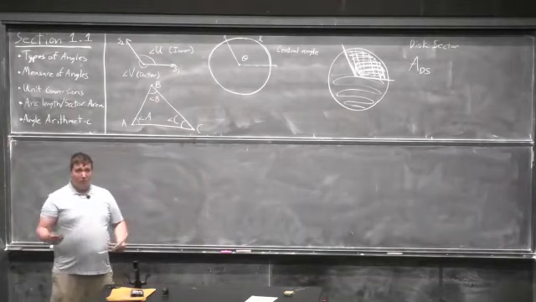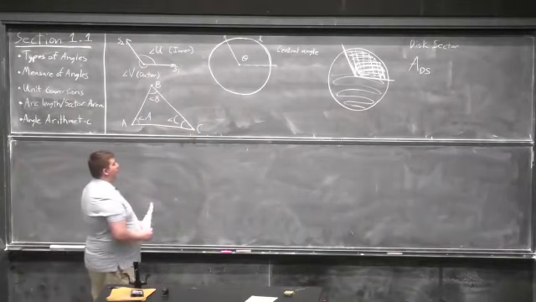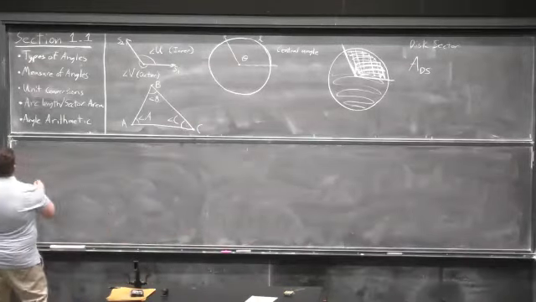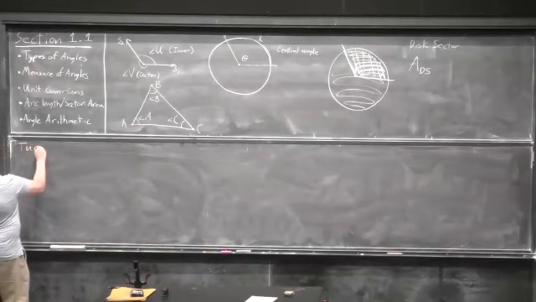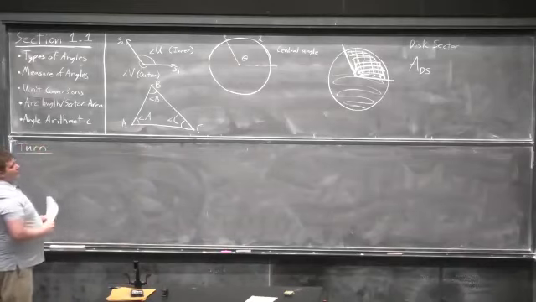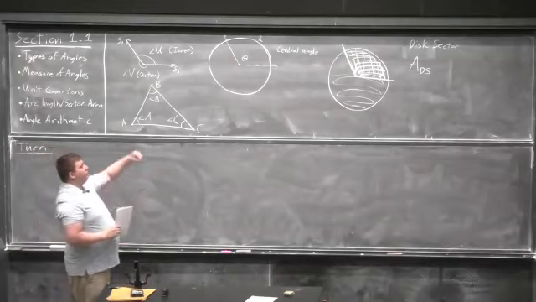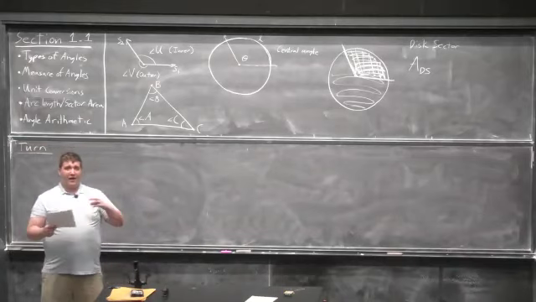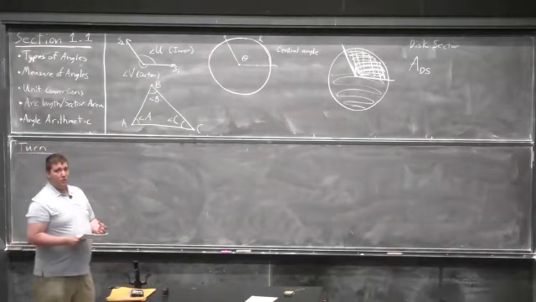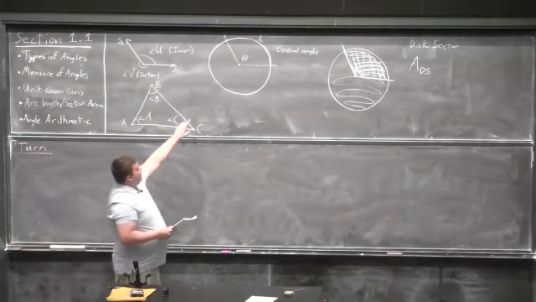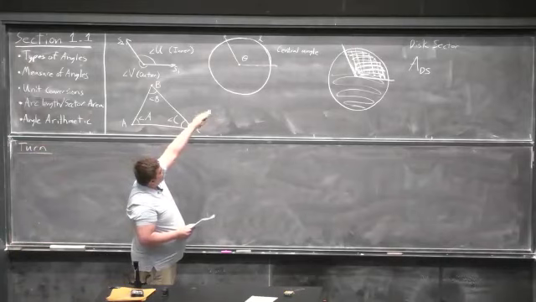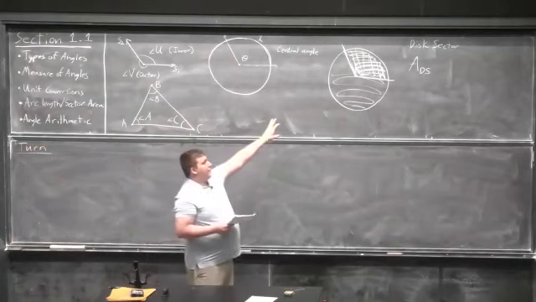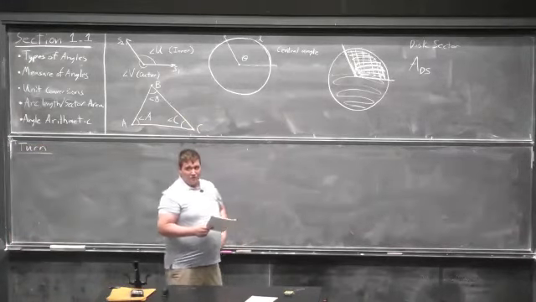Well, one way that we can measure it is by the number of turns. So what is a turn? A turn is one complete rotation, or you can think of one entire circle, and it's where we contain the entirety of the arc length or the entirety of the area of a circle.